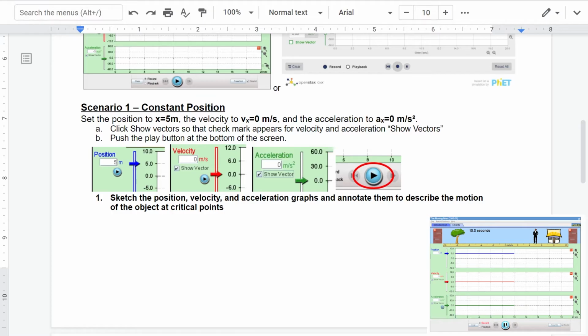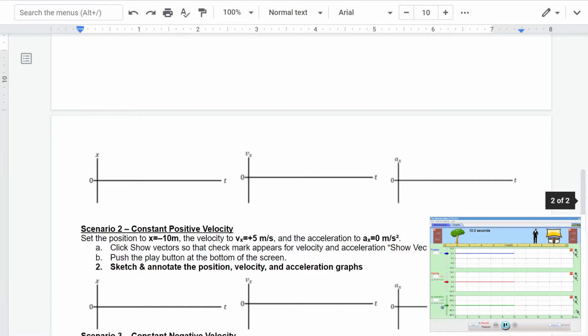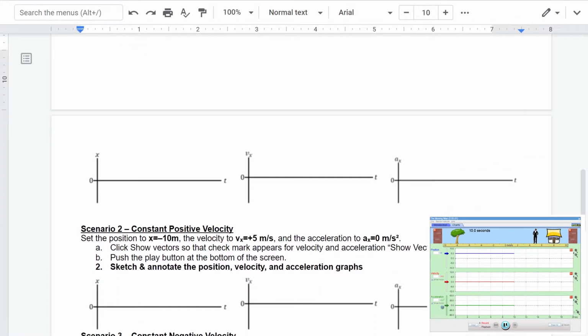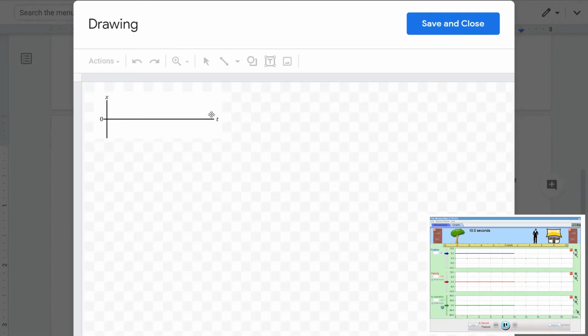And now that we've got our graphs, let's come back to the document, and you can either do these by hand, or if you want to, you can do these in a Google drawing. And let's make a copy of the position, velocity, and acceleration graphs.